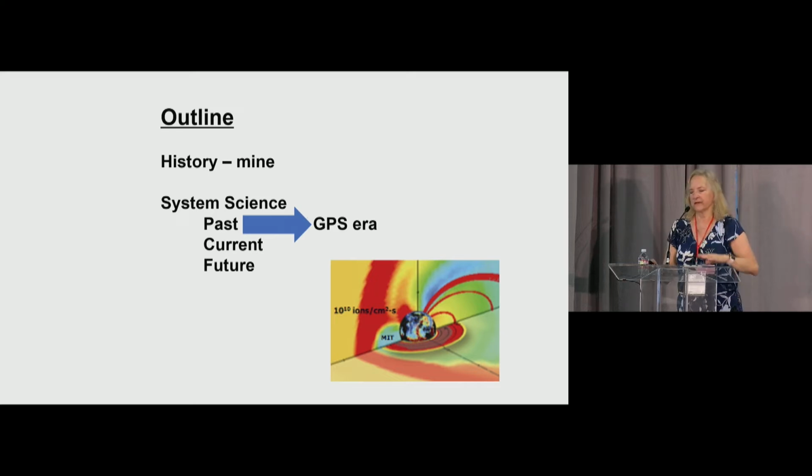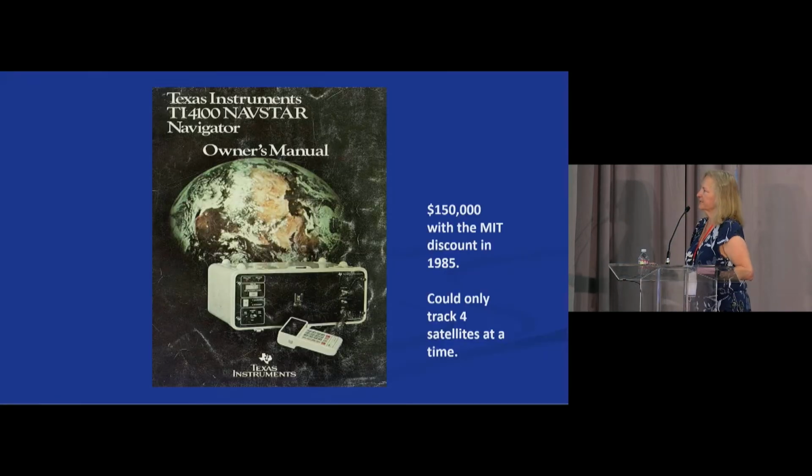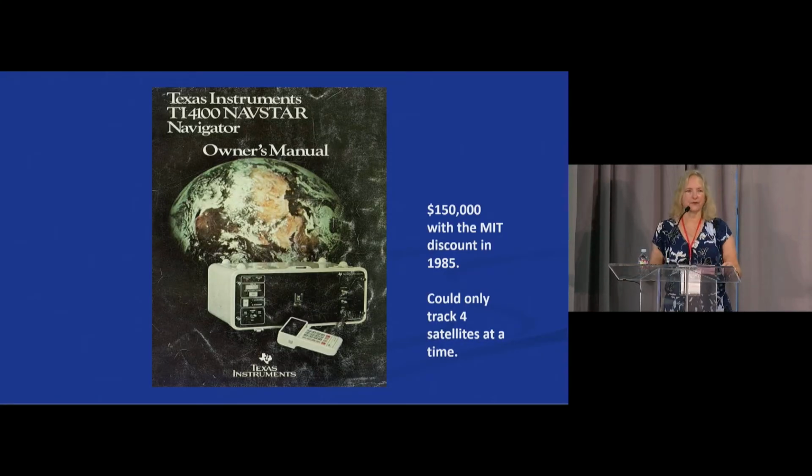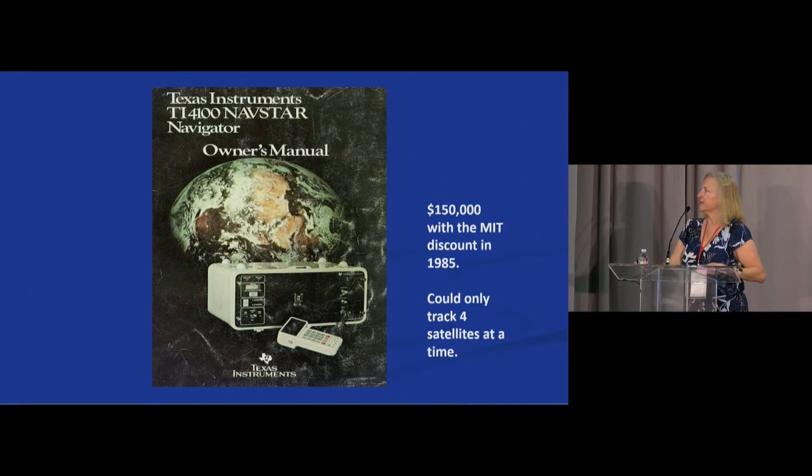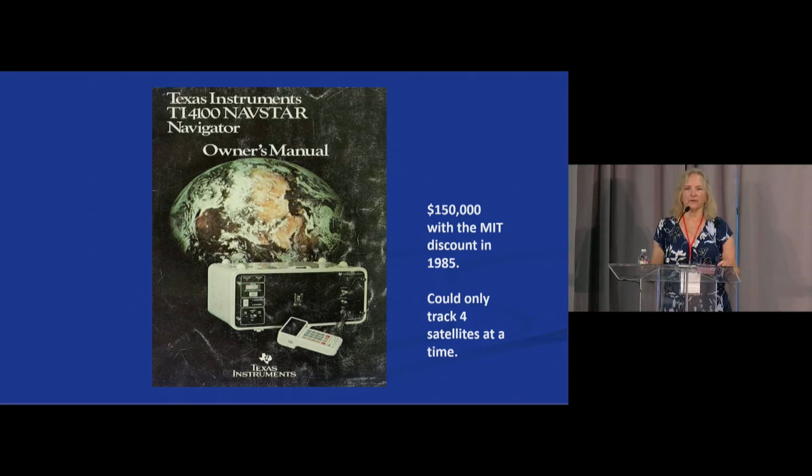So now we're moving into the early GPS era, and this is the first GPS receiver I worked with. At that time, I was with Lincoln Laboratory, not Millstone Hill Incoherent Scatter. This was an advantage because this receiver in 1985 with the MIT discount cost $150,000, which was more than my first house.